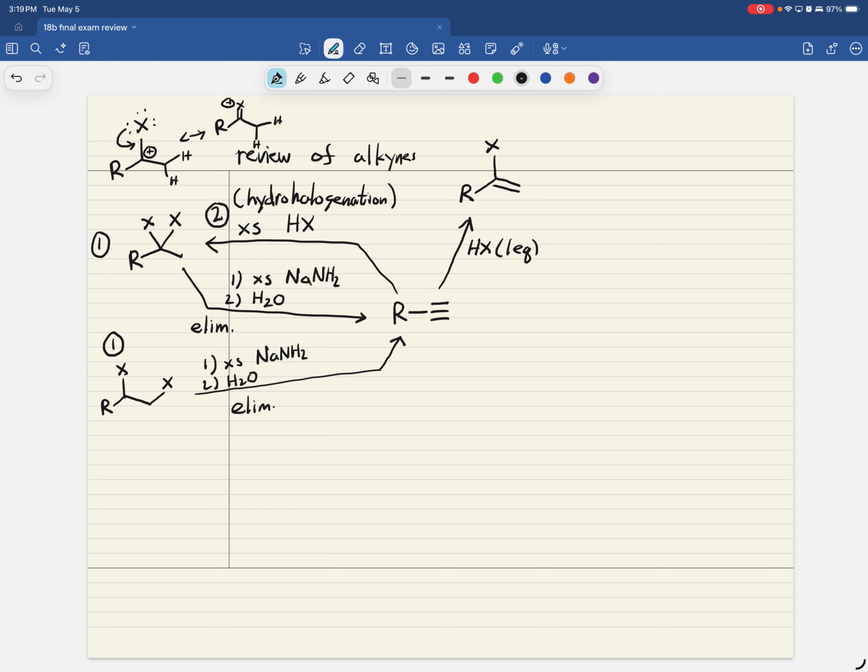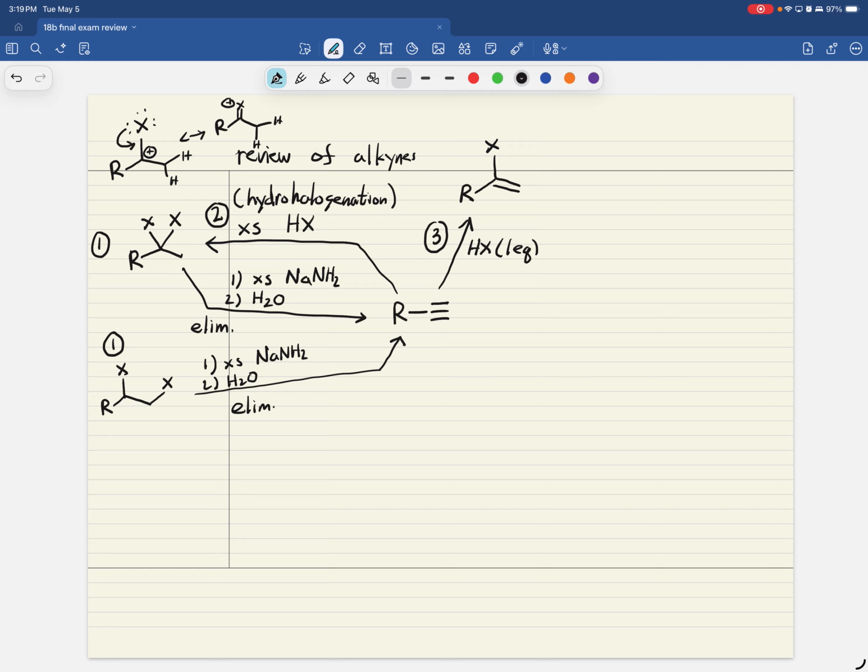That will be hydrohalogenation with one equivalent. This is our third kind of reaction here, number 3. We get to the alkene, but it's still hydrohalogenation, just with one equivalent.